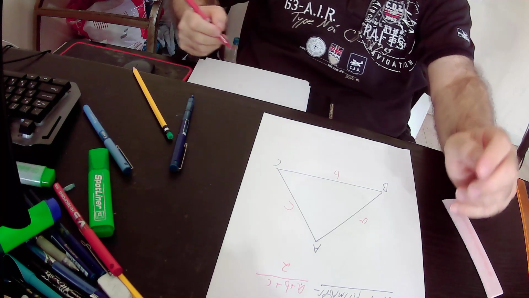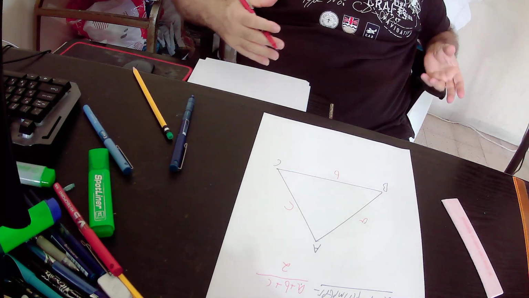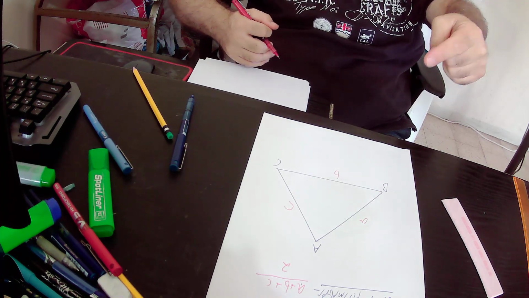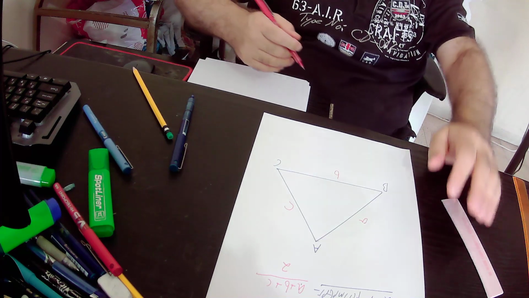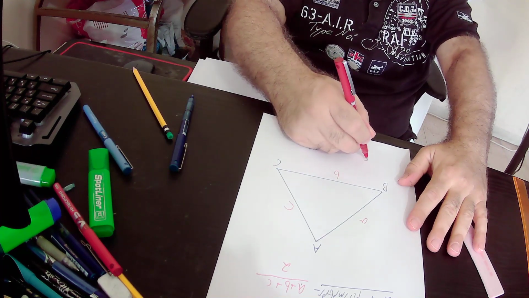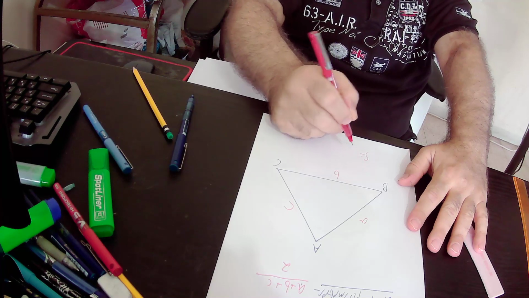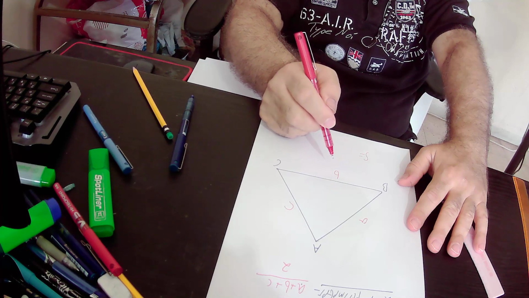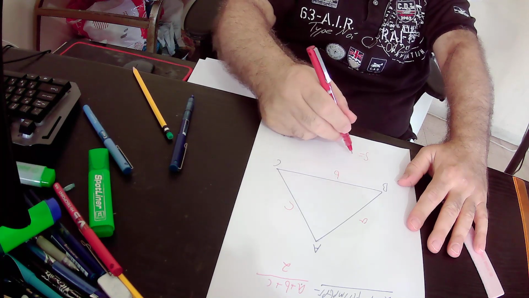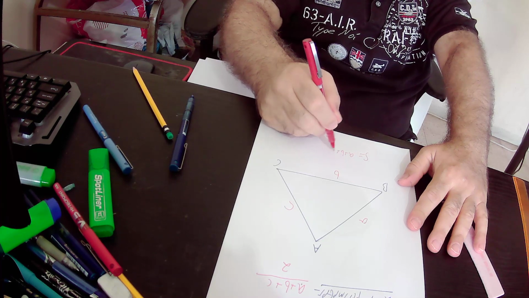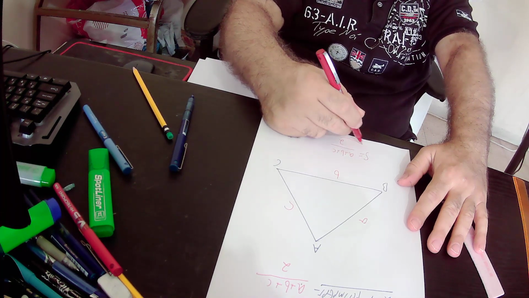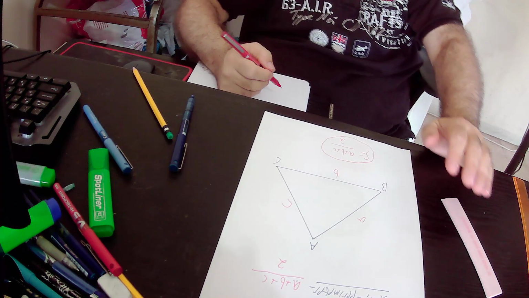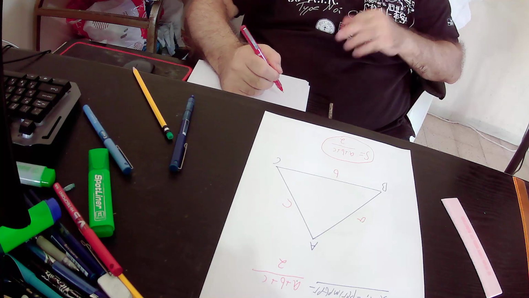Okay, and we define the semi-perimeter as s. s is the abbreviation for semi-perimeter. So s, the semi-perimeter of any triangle, equals the sum of its sides, that is a plus b plus c over 2. That is actually the formula for the semi-perimeter of any triangle.